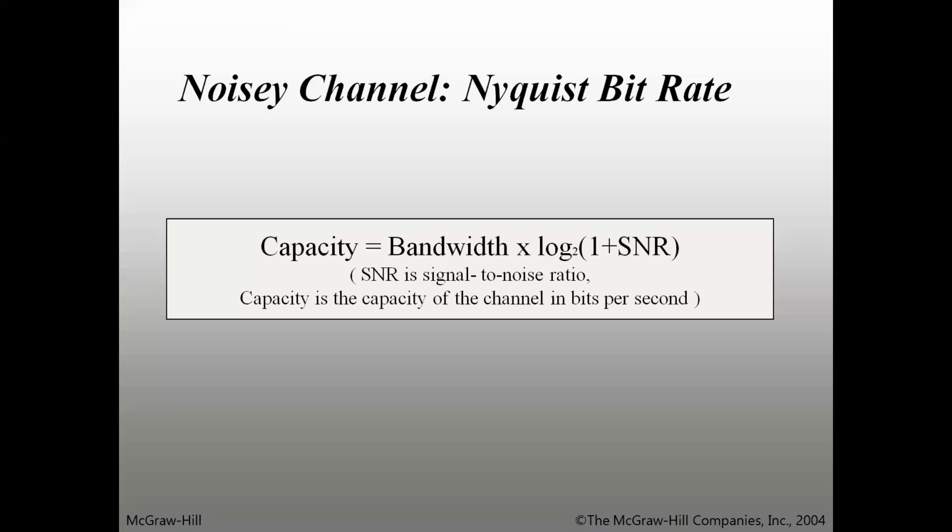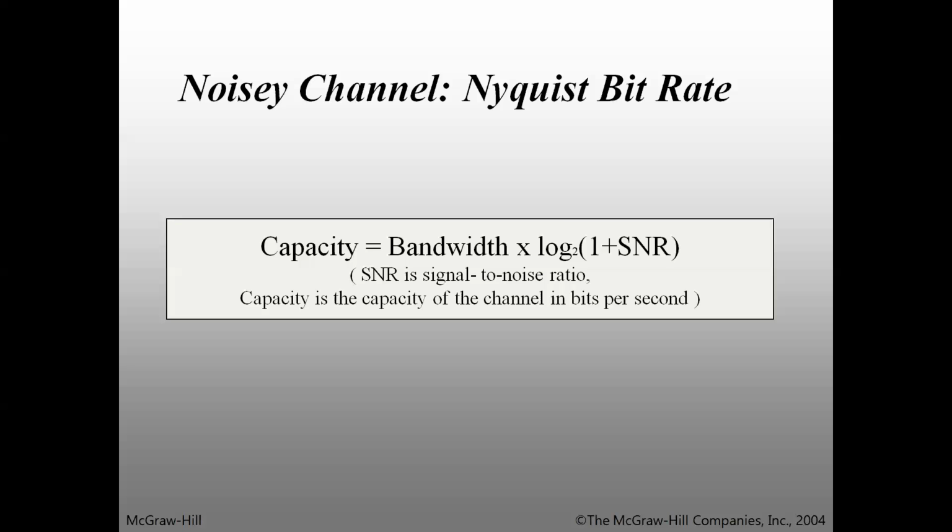Next we'll come to the formula of the noisy channel. To calculate the maximum bit rate of a noisy channel, we use Shannon capacity, where capacity can be calculated with the formula bandwidth into log of 1 plus SNR base 2. SNR is the signal to noise ratio, which we have already discussed in the topic of transmission impairment.